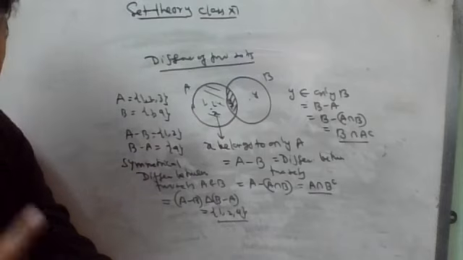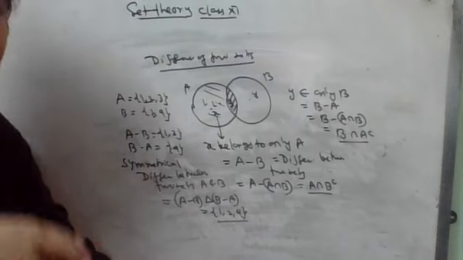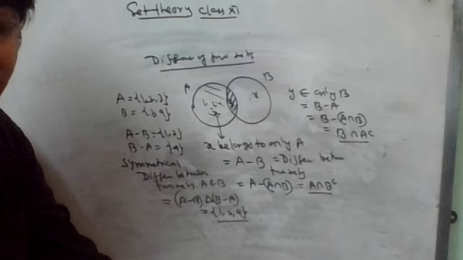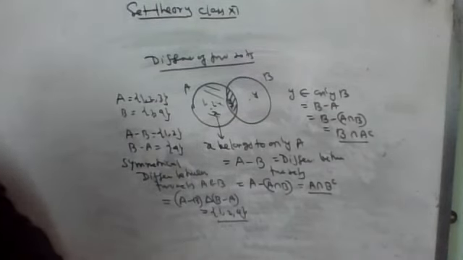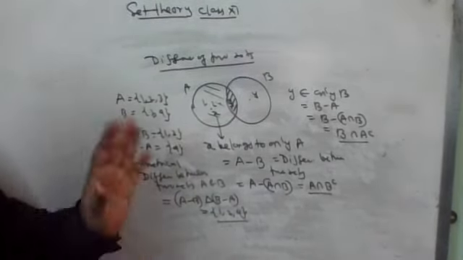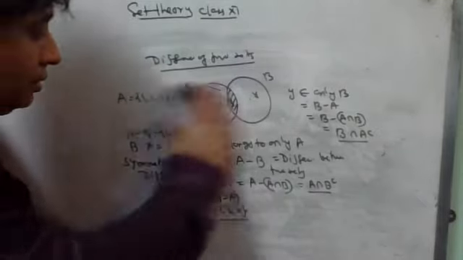Only one topic is left, that is Cartesian product of two sets. So let us rub it. I hope you understood the difference between two sets. Cartesian product of two sets.